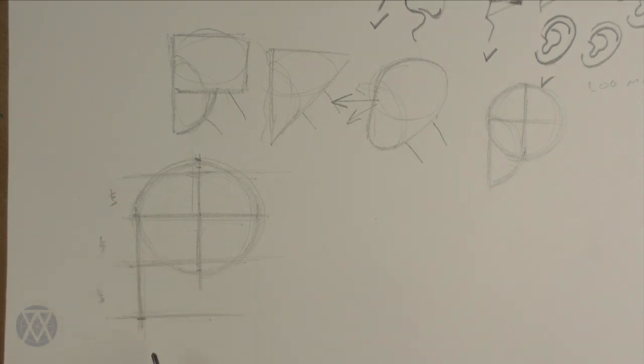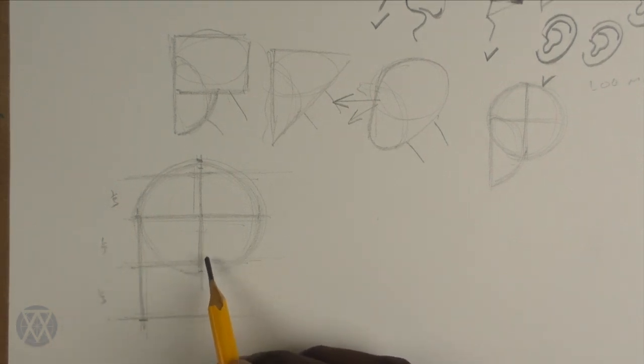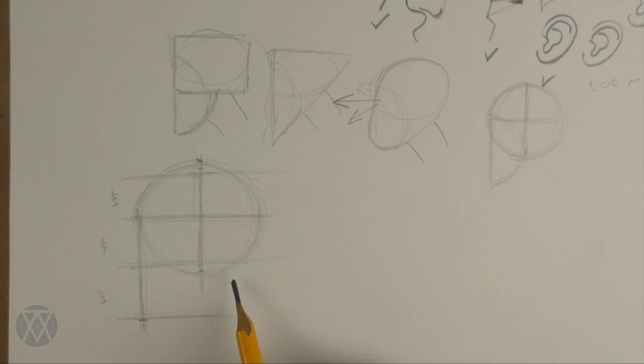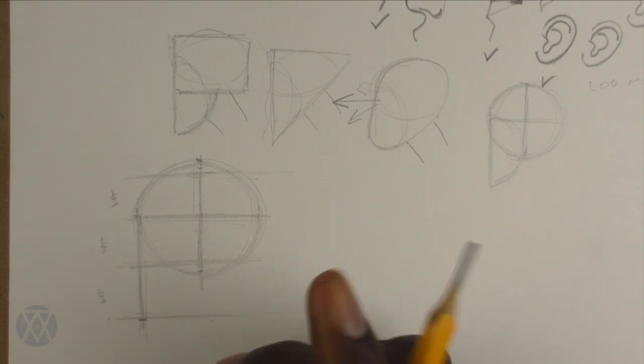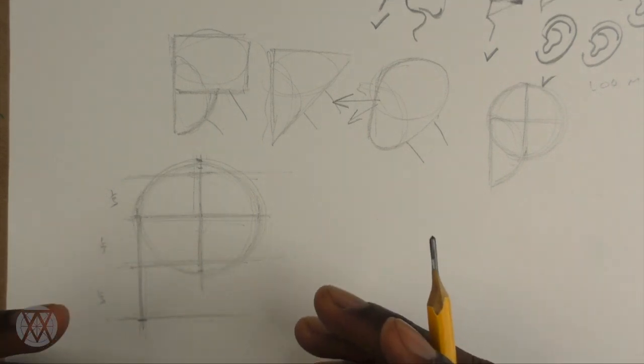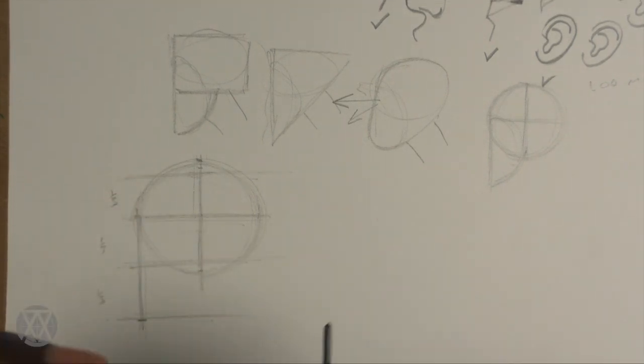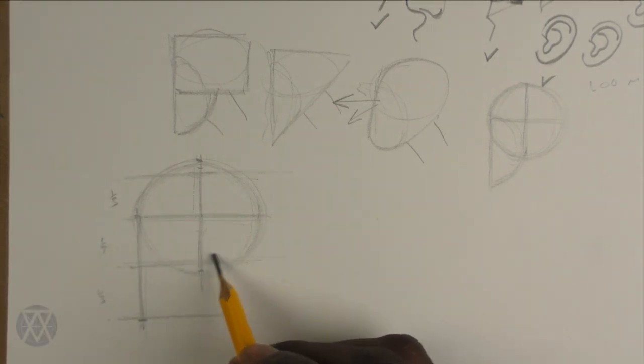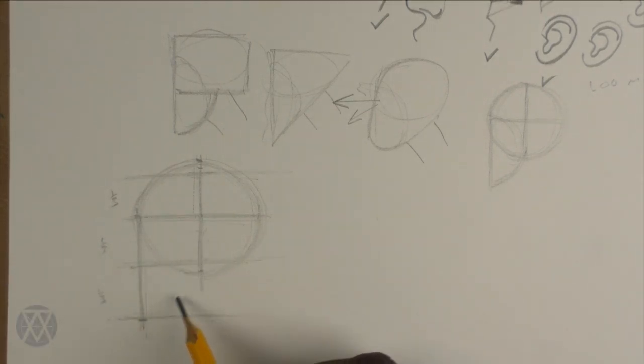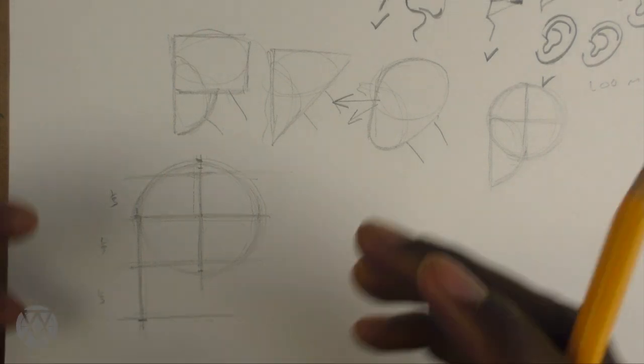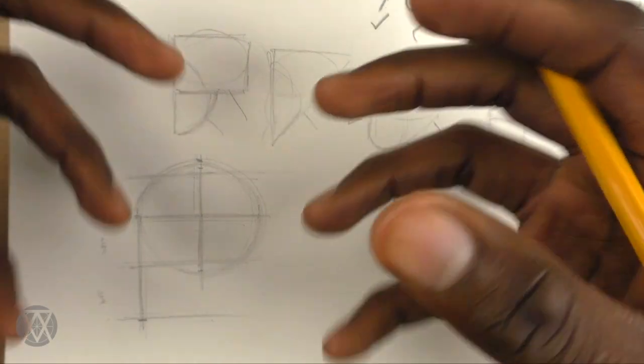Now we're going to sketch in the jawline, for simplicity's sake. Before you draw the jawline, you should sketch in the ear. The ear is closely related to the jaw. If you make that connection all the time in your drawings, connecting the base of the ear to the start of the jawline, your drawings will improve a lot, especially if you're drawing the head tilted backwards or tilted down.